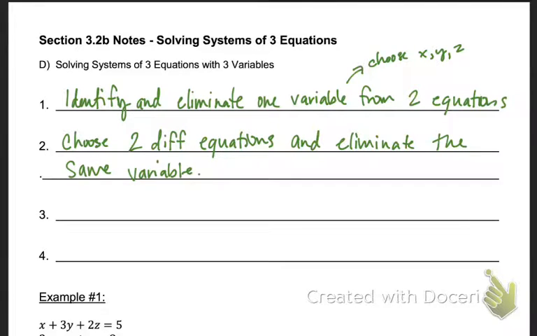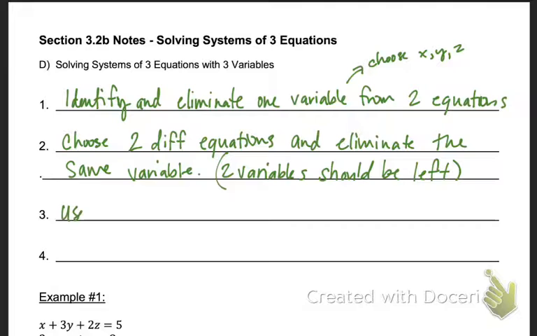So say for instance I eliminated x completely from all equations. So what you should be left with is now a 2 by 2. So it'll look like now I have 2 variables. So 2 variables should be left. So if you eliminated the x, you should only have a y and a z.